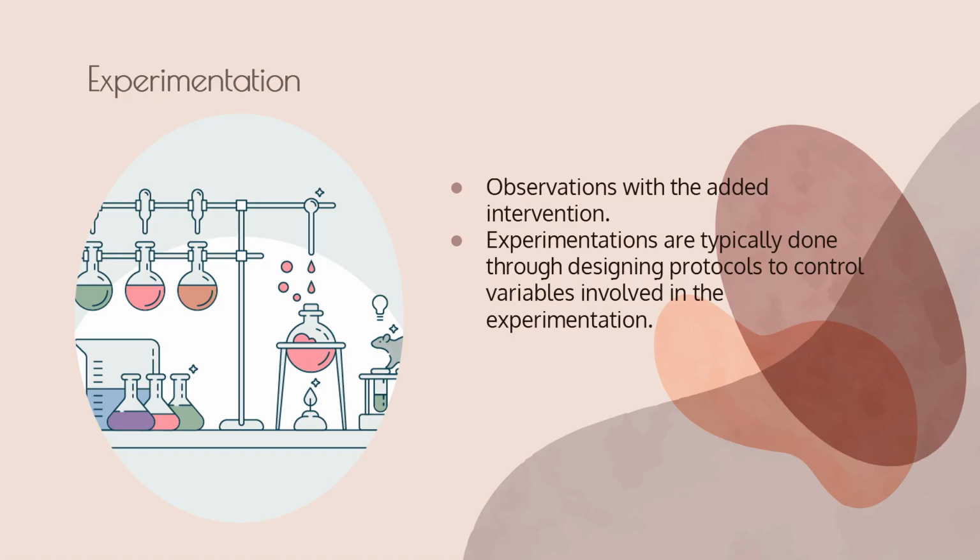Finally, experimentation. So experimentations are simply observations with the added intervention. What we're doing here is simply taking our independent variable and our dependent variable and then measuring the effect of our intervention. Okay, so let me just change this to make it clear.